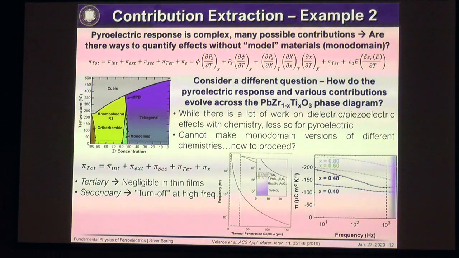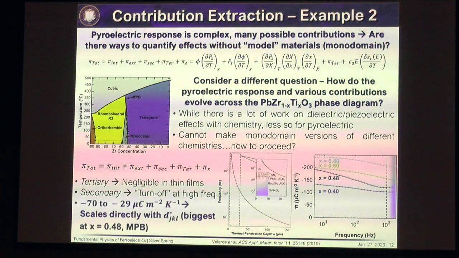We can basically turn off the heating of the substrate by going to the right frequency regimes. This shows up very clearly here in the x equals 48 sample. So this is right near the MPB for this system, where we see this big frequency dependence and then it levels off. So if we do this for all of these different chemistries across the PZT phase diagram, we have measured pyroelectric coefficients anywhere from about 70 to 290 microcoulombs per meter squared per Kelvin.